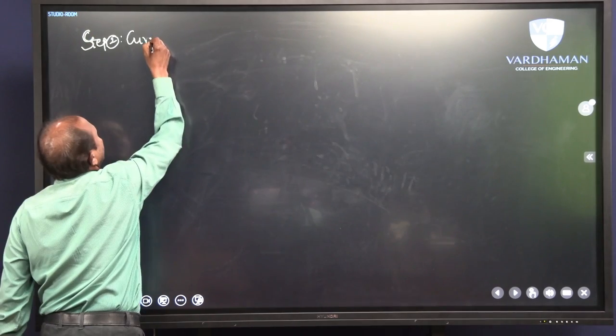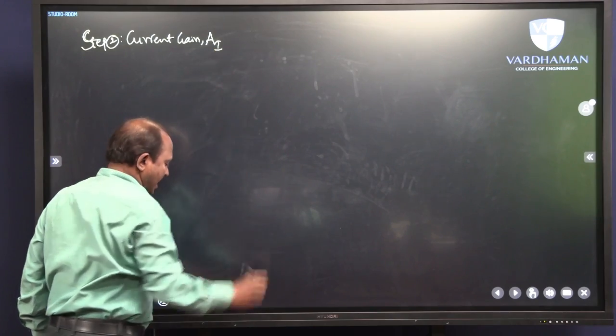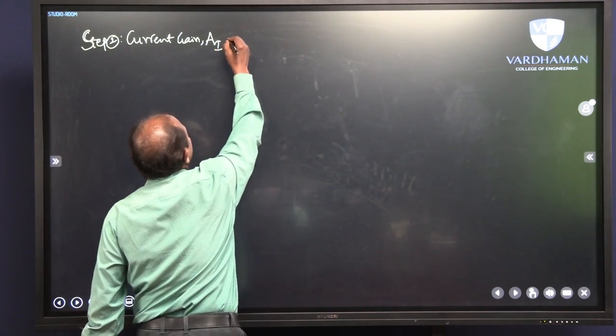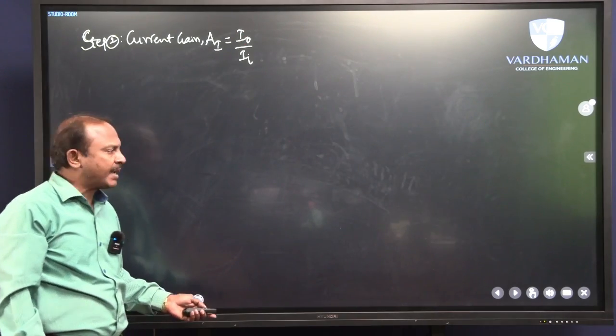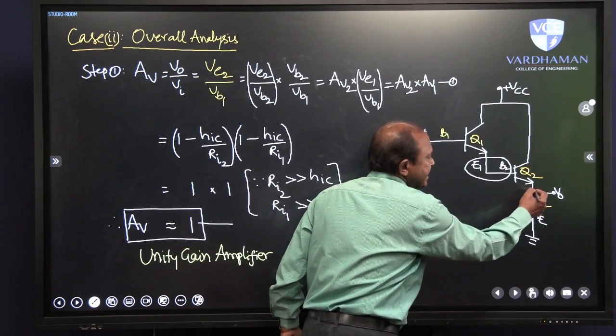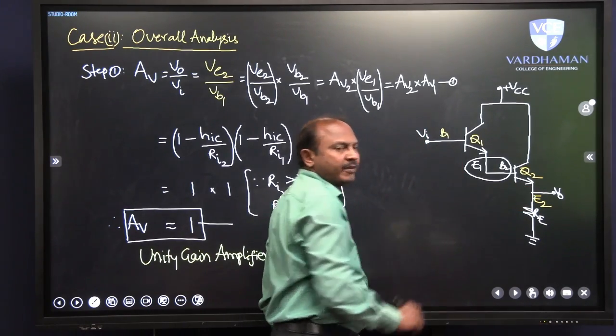Step 2, overall current gain, that is AI. Of course, in any amplifier, overall current gain is equal to Io by Ii. But if you look at Darlington pair amplifier which we have drawn in the previous slide, overall output current is nothing but minus IE2. Overall input current is nothing but IB1.